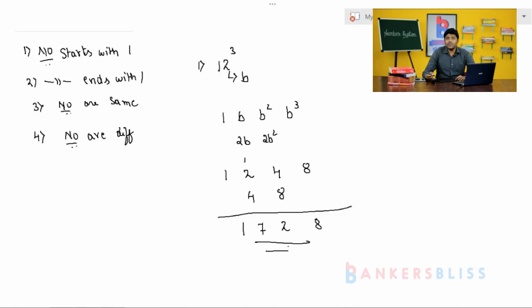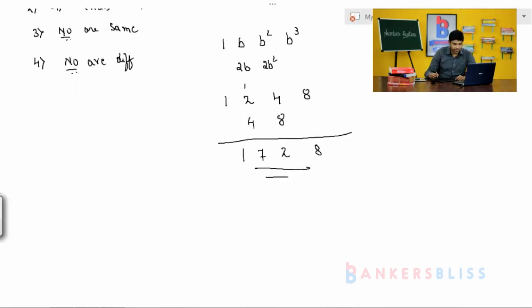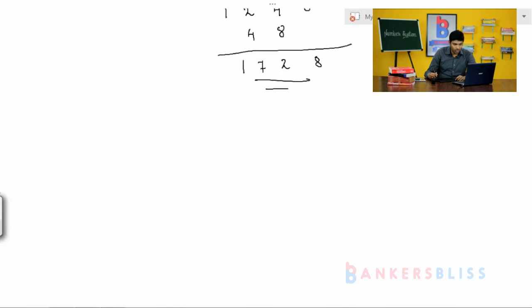Next, you may take one more number which starts from 1. That is 17 cube. So it is 1 B, B square, B cube.